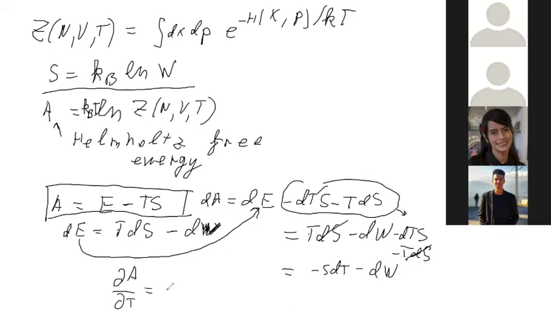Anna, what is dA over dT? So this is the partial derivative of free energy with respect to the temperature. Minus S. Minus S, okay.